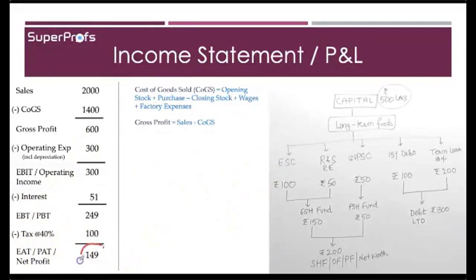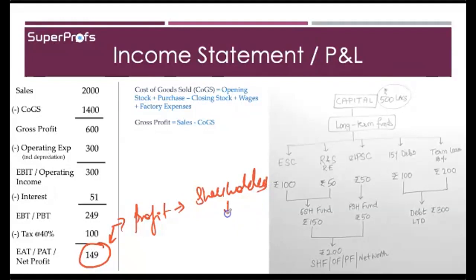Okay, now this money is your net profit, and this is your profit which needs to be divided among your shareholders, or you may decide that, okay, I need to retain this, and this will go into my retained earnings, because I need to run my business with this money.